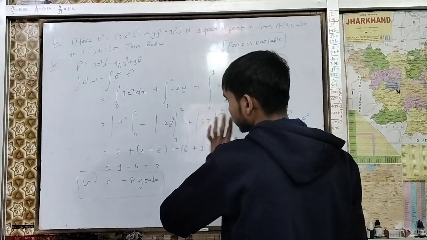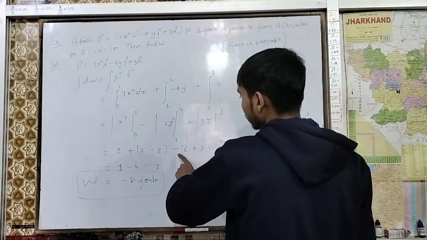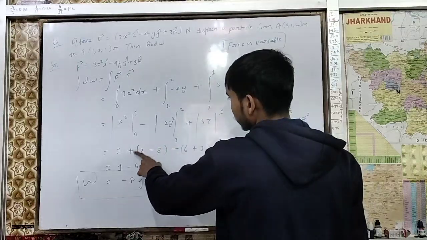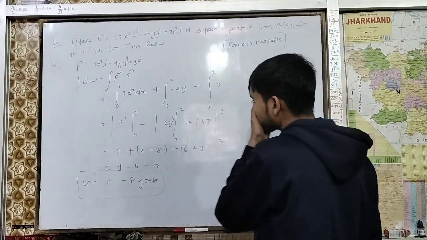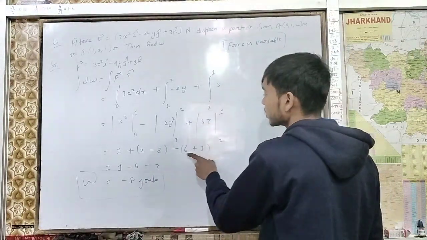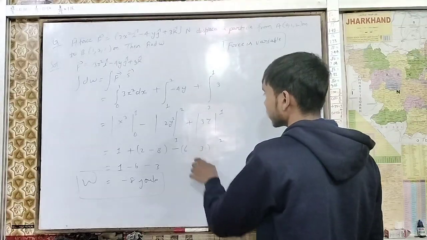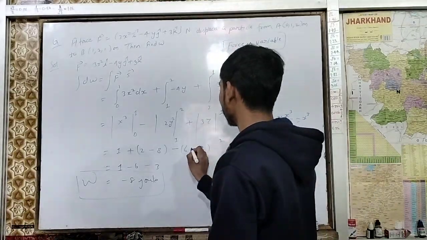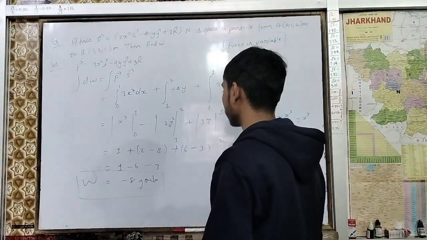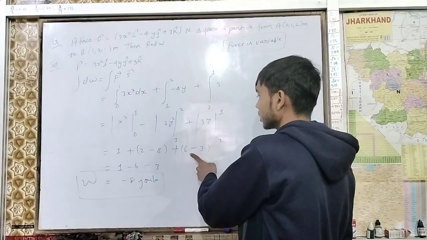Minus 6, this will be minus 6. Yeah, till here this is correct. This is correct. 6, oh, it should be minus. Yeah, it should be minus. And this is plus. Yeah, now this is correct.